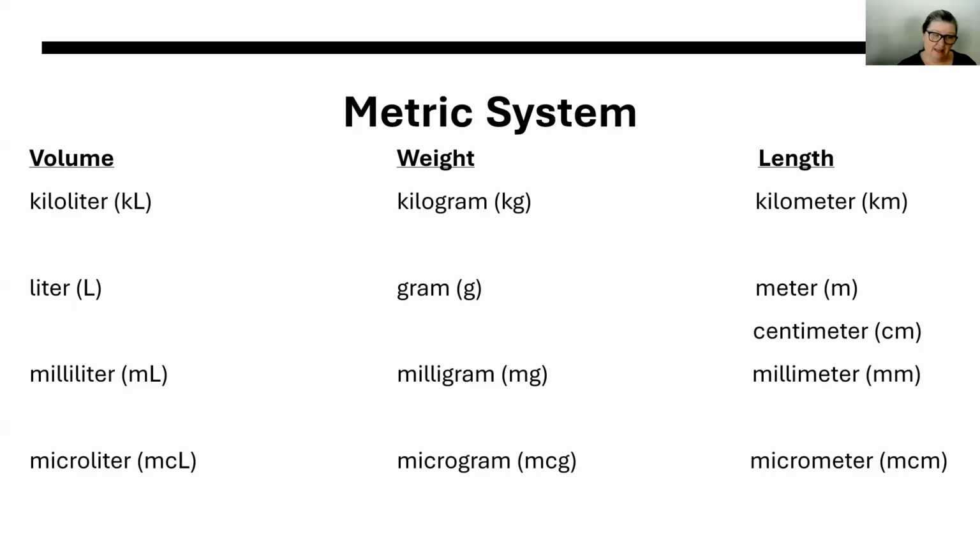Which is why in the medical field, we make sure we use the metric system because it is universal. It doesn't matter what country you're in, what country you're from, what country your colleagues are from. This particular system of measurement is going to be the same no matter where you go. So it's a universal language of measurement.